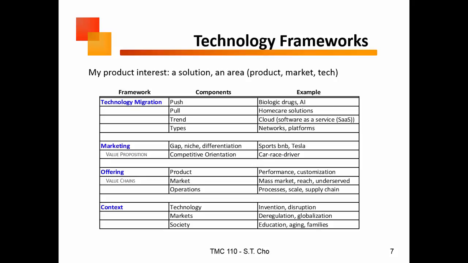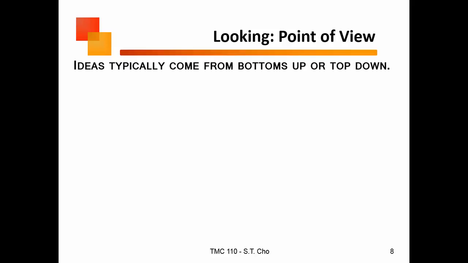Okay, there's something out there and I think it could be made better. And that's what the offering is. And so the product offerings out there are either products, markets, or operations. And finally, context is there's something out there in society that I want to make a change in, or whatever. And that's where you start getting to disruption, deregulation, and the issues related to that.